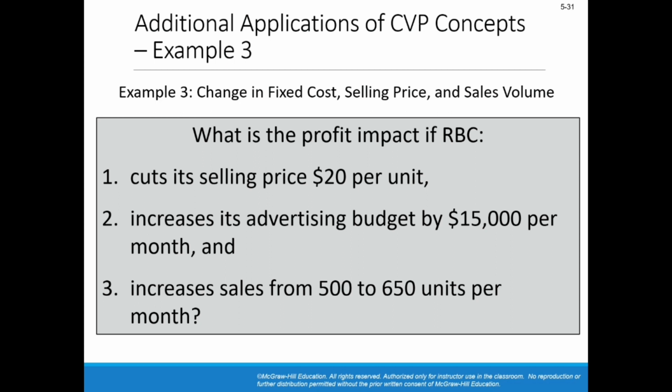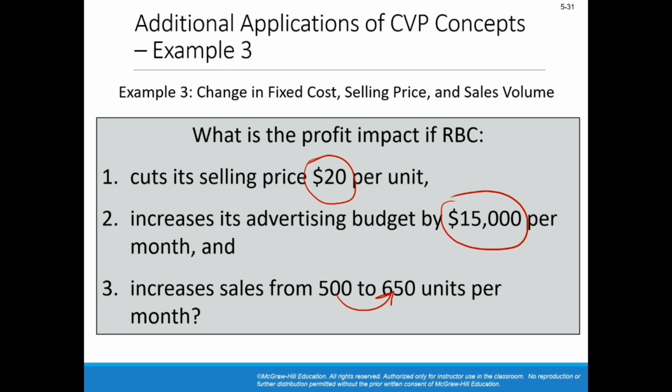Example 3 says, what is the profit impact if RBC cuts its selling price by $20 per unit, increases advertising budget by $15,000, and increases sales from 500 to 650 units per month?